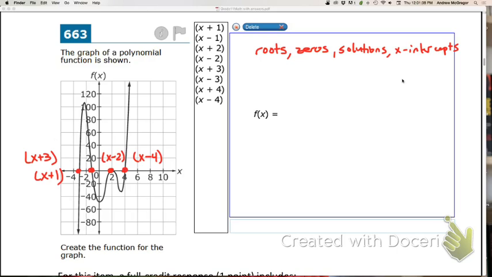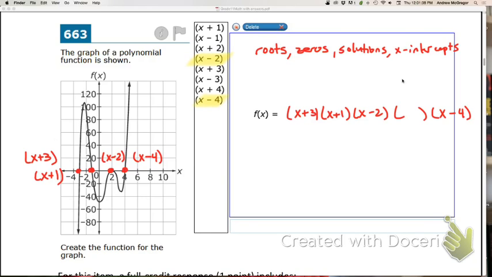So what you end up doing is you write out this whole polynomial, x plus 3 times x plus 1 times x minus 2, and then I'm going to leave a space, times x minus 4.